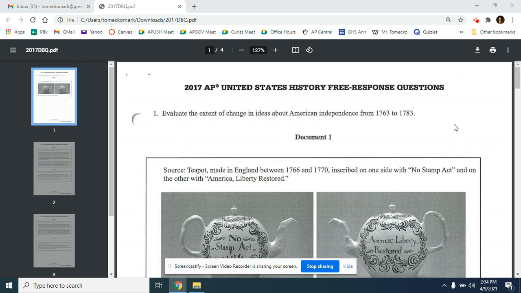1775, okay? This time period is much narrower, but nevertheless, over these time periods, there is evidence of things changing and maybe evidence of things not changing or not changing as much as we think. That's what we want to see in your essay. Do you recognize what's changing over time?